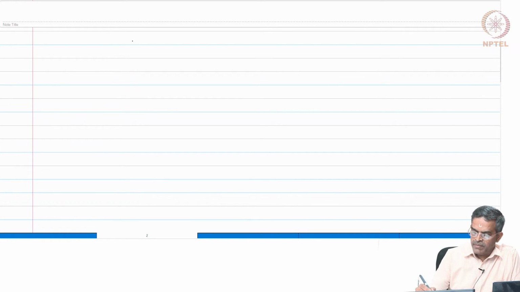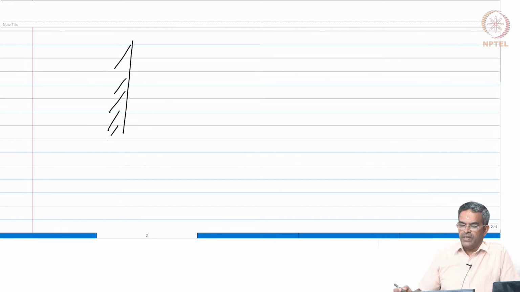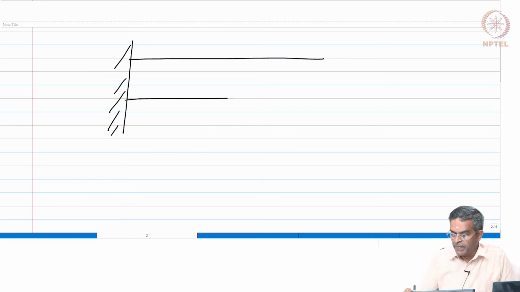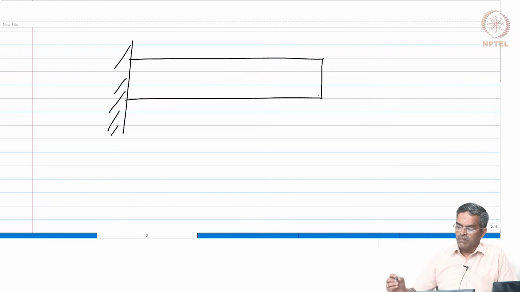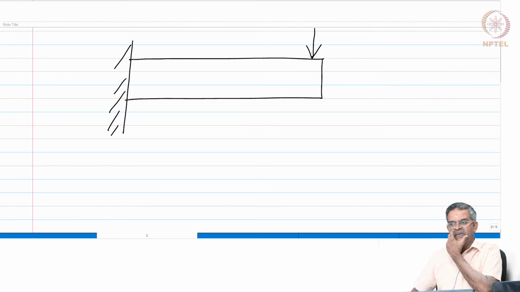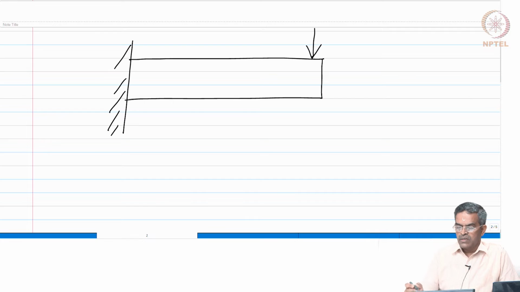Let us say I have a beam which is supported at one end, and the other end is free. It is a cantilever beam. Let us assume that the beam is subjected to a tip load of some magnitude. As we all know, the beam will deflect.